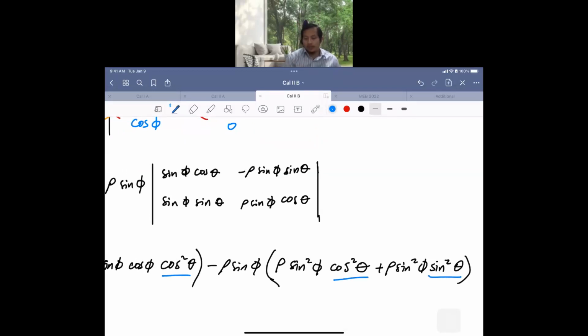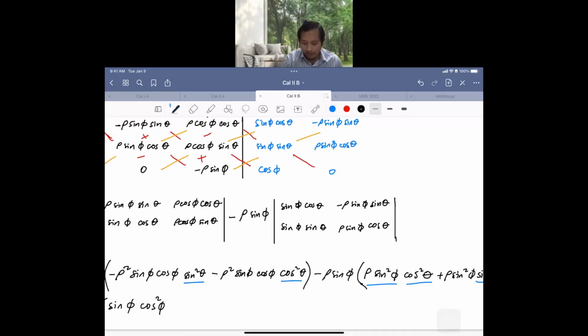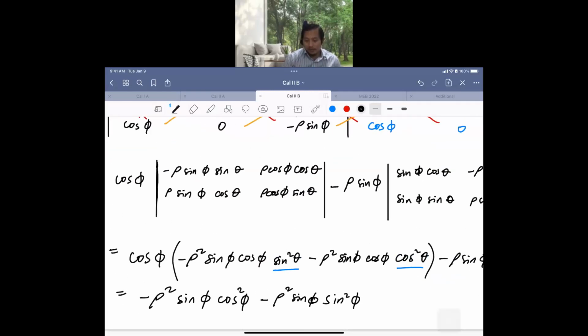So we could just take ρ sine squared psi, and then it becomes ρ squared sine squared psi. Why do I take this separately? Because I want to make sure we have this. And later on, this will give the result negative ρ squared sine psi.